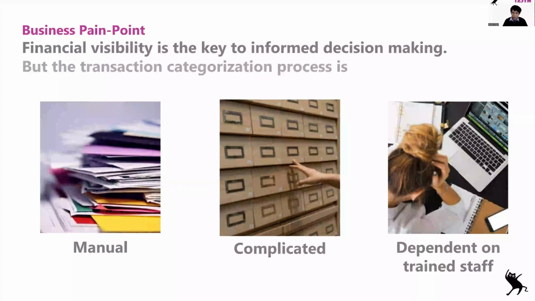Even though digital solutions can reduce some of the data entry and paperwork handling, the final process of categorizing this data still requires many hours of manual work. And this comes down to the need to have trained staff who understand the business, the accounting practices, and the context of each one of those transactions.